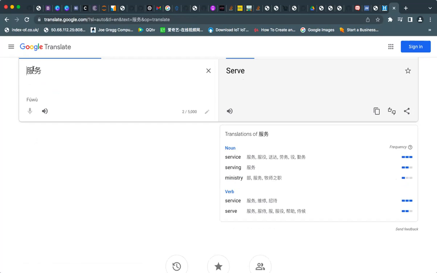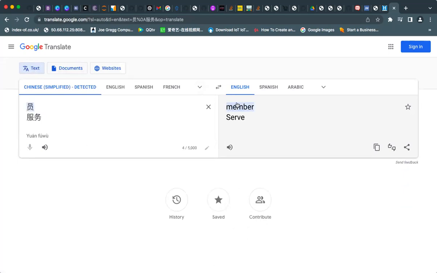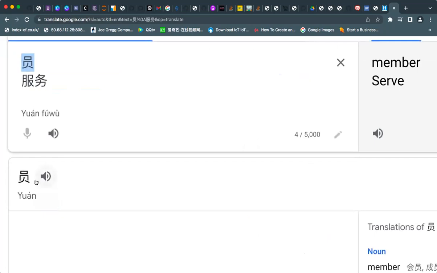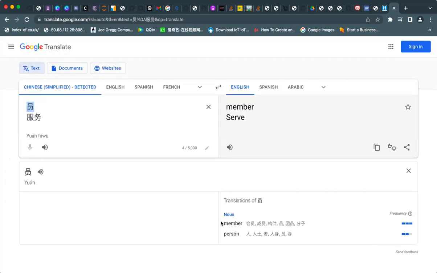Okay, let's do that again. 员, or member. Oh, member. It means a person. I remember I said oh, look, it looks like a person as well. So a member or person who does some service.